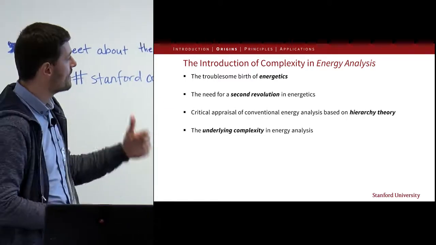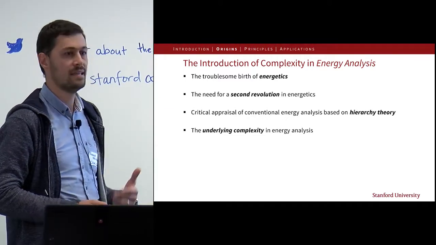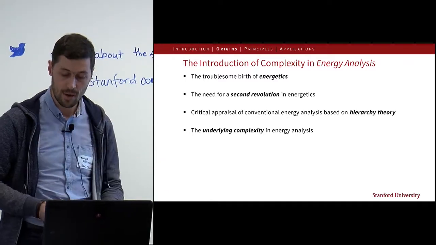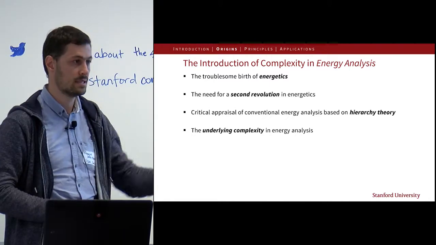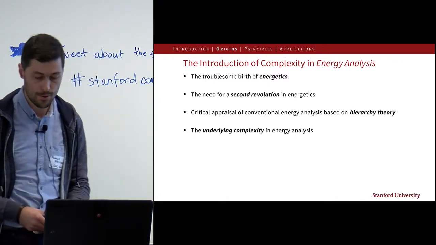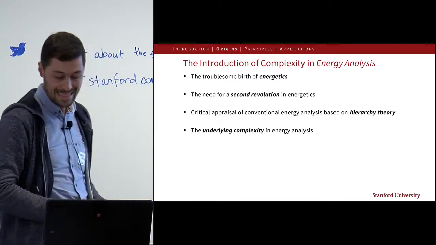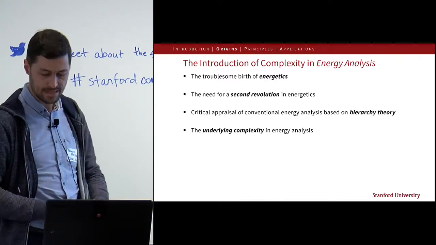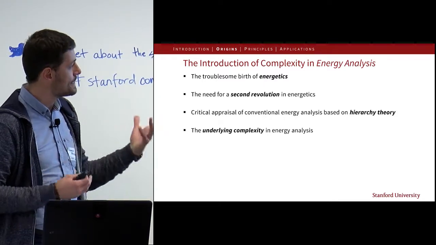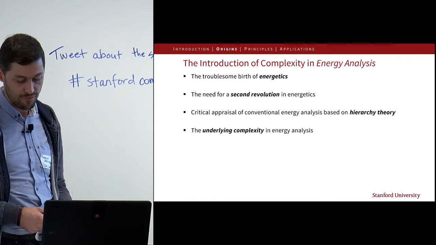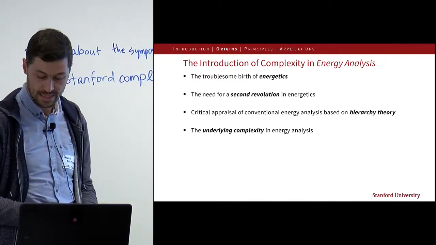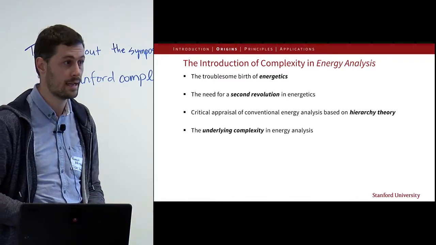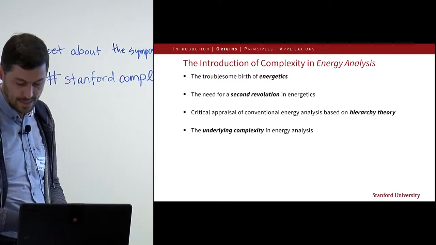But at the same time, there was an underlying complexity in energy analysis already going in parallel, just like in the natural world, as Professor Riskin was referring to earlier this afternoon. Complexity was, for instance, already at play with the explanation of Ostwald. Wilhelm Ostwald, a professor of physical chemistry, was a winner of the Nobel Prize in chemistry.